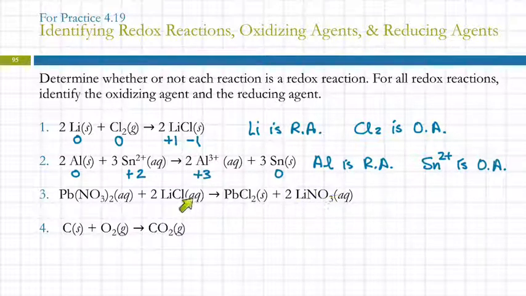Nitrate stays together, is -1. Chloride remains -1. Nobody's changing their charges. And if you go through and determine all the oxidation states, they aren't changing either. So this is not a redox reaction. So then we don't have to figure out what's going on. Any questions?